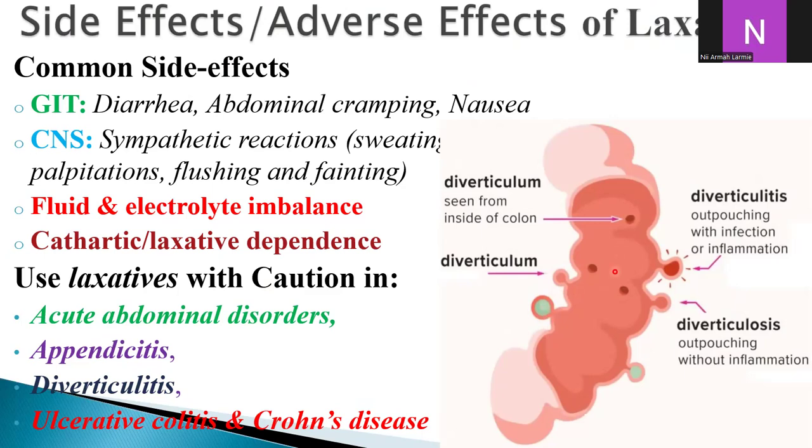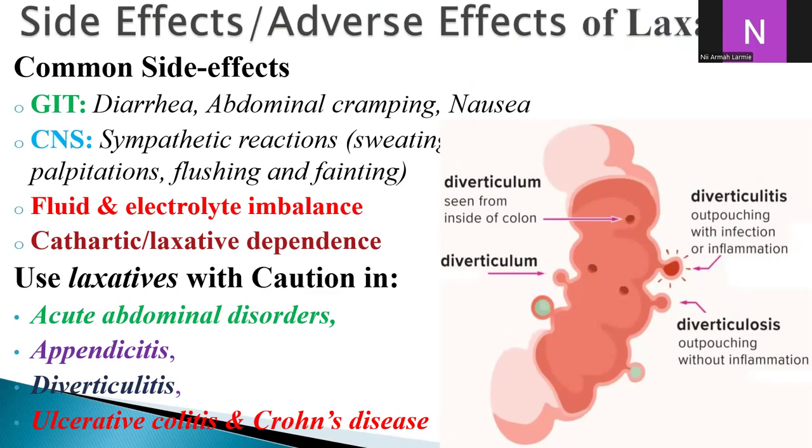An out-pouch. Or we can also talk about ulcerative colitis or Crohn's disease. Ulcerative colitis being ulcers throughout the colon. In other words, chronic inflammation. And so ulcerative colitis and Crohn's disease are also described as chronic inflammatory bowel diseases.